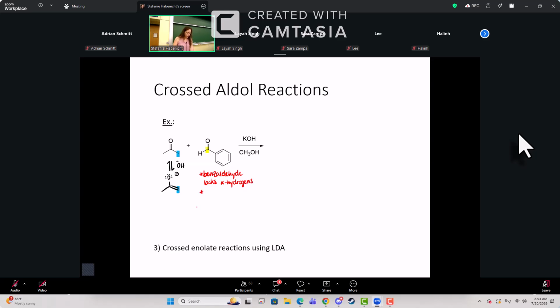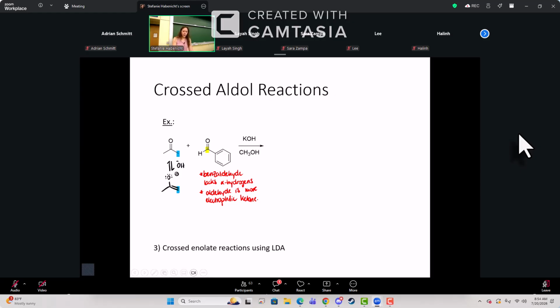And number 2, an aldehyde is more electrophilic than a ketone. An aldehyde is more electrophilic than a ketone because it has fewer electron donating groups attached to the carbonyl.